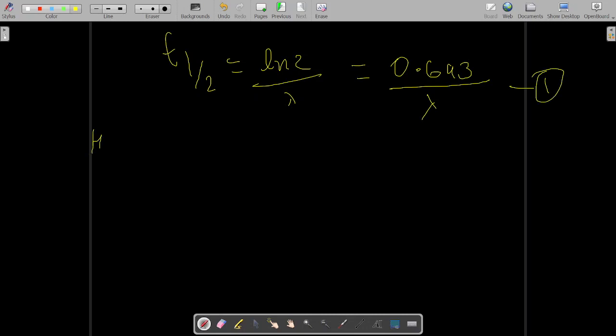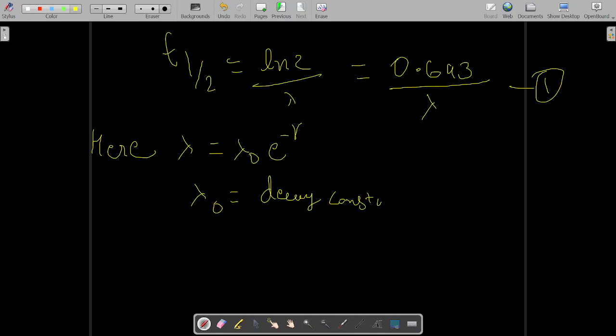Now here lambda is equal to lambda naught e to the power minus gamma. Lambda naught is the decay constant without barrier. All this you have to mug up.